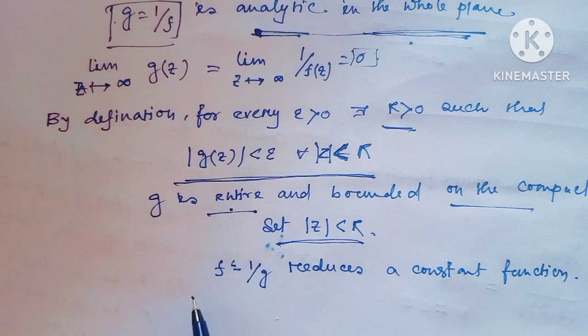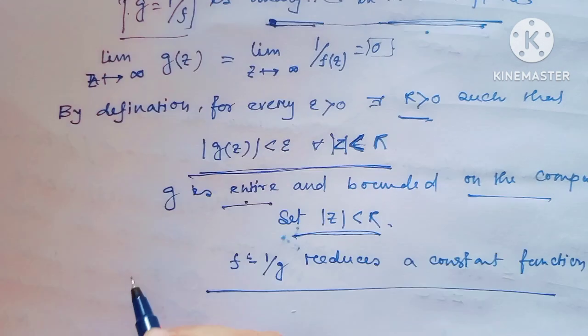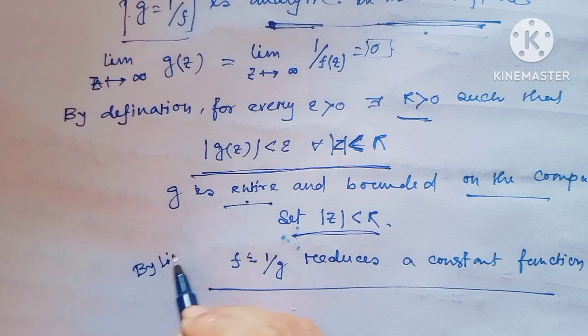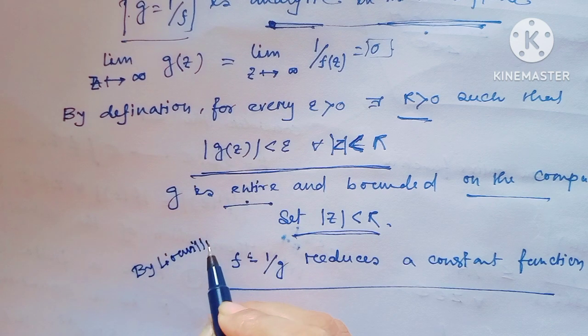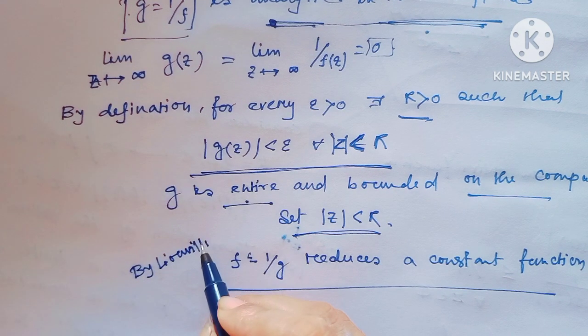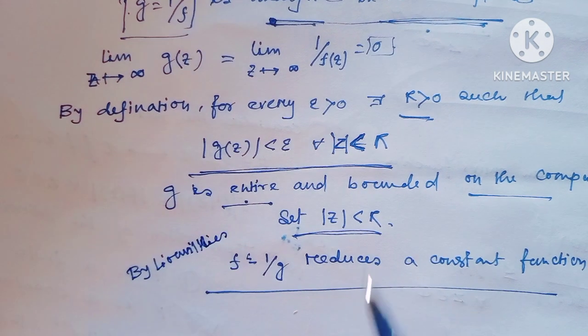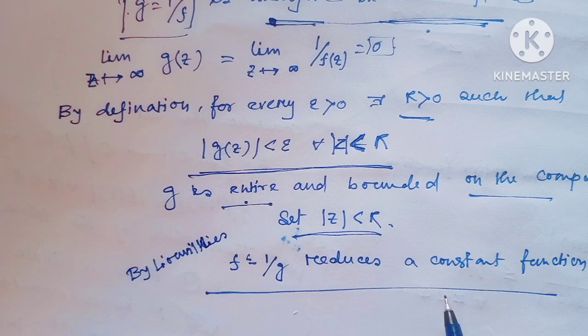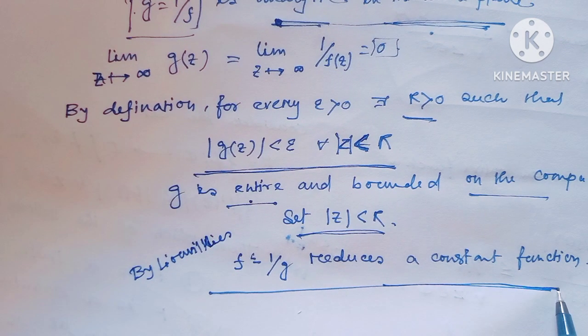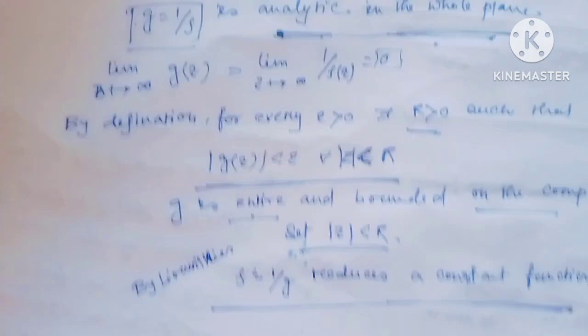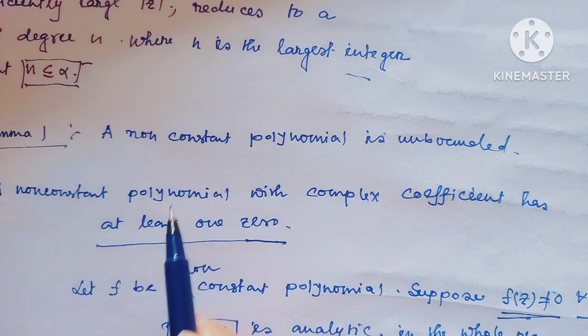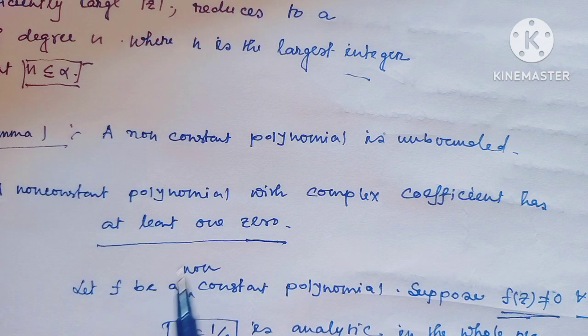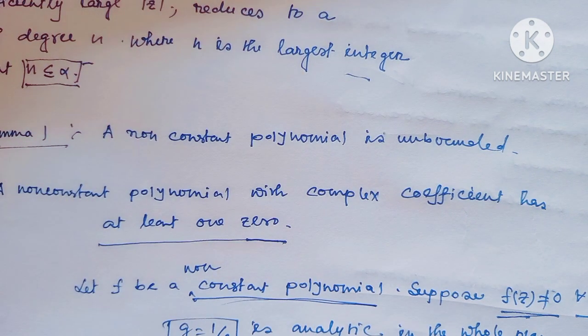Therefore, by Liouville's theorem, we can tell g is constant, so f equal to 1 over g reduces to a constant function. But here it is given that f is a non-constant polynomial.